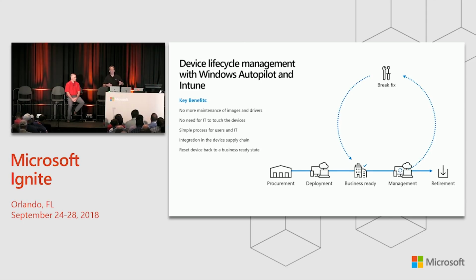Now, in order to make that promise work, we need to integrate Autopilot into the supply chain so that at the time you buy the device from the OEM, the reseller, the distributor, whoever you get it from, they can say these devices belong to your organization, registering them with the Autopilot service so that when they show up, they know that they belong to your organization. They can receive instructions from the cloud that say, here are the steps that we should go through to provision this device.